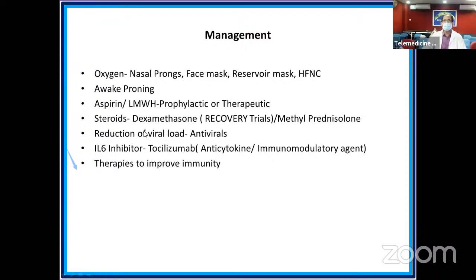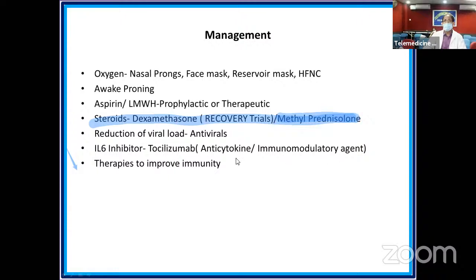Next comes the 5th one, antivirals, which I will discuss. Reduction of virus load at the proper time. We'll give antivirals. And last but not the least, the patient may need mechanical ventilation. Think of whether the patient is having a cytokine storm or not. If a storm is there, we can think of giving an IL-6 inhibitor.